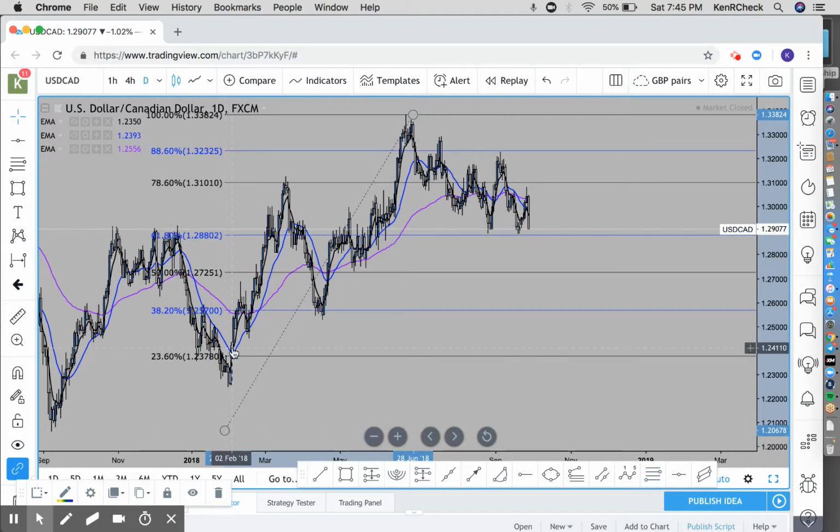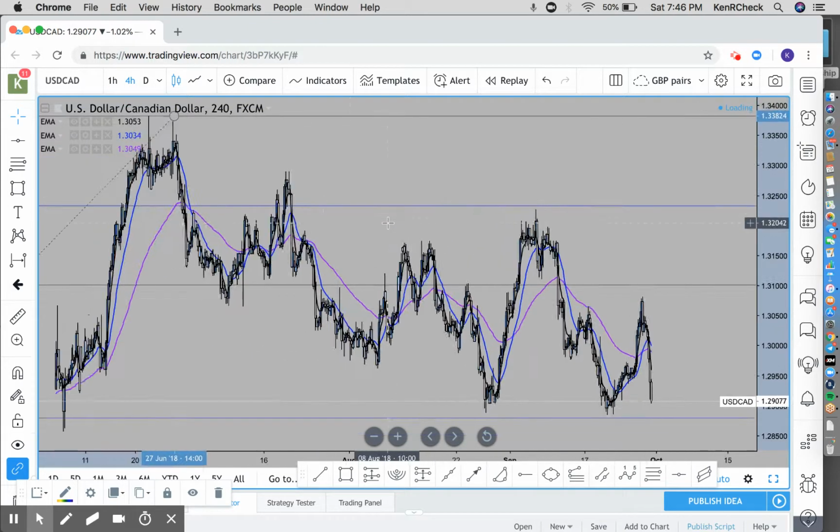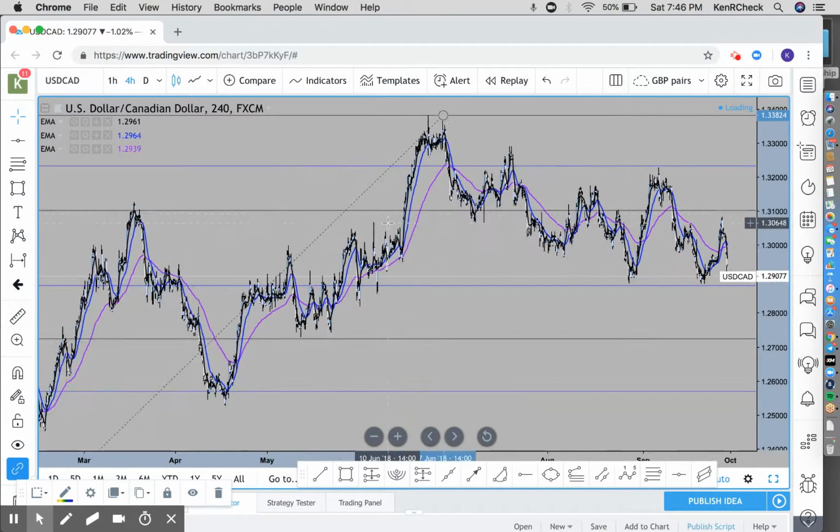So this is how you focus on getting the most accurate entries, by using the Fibonacci tool on the daily time frame. Now I'm going to go down to the 4-hour time frame, and you can see where all of these points are being hit, right?